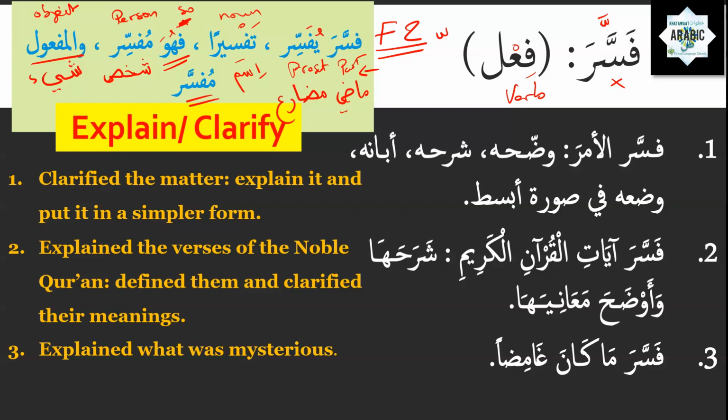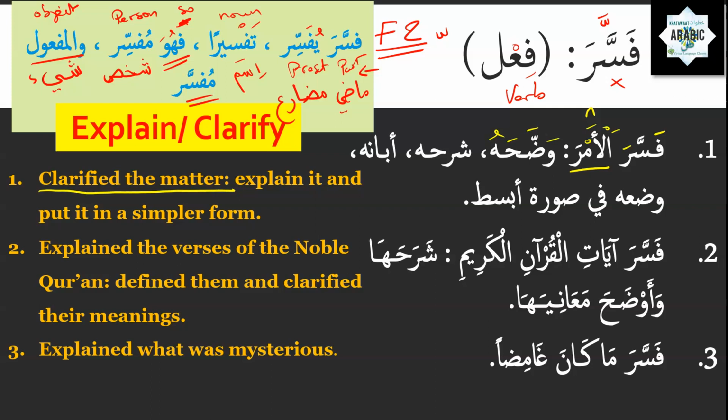The examples we have here come with additional verbs, so please note the synonym verbs to fassara. So we have fassara al-amra, clarified the matter, and we learned al-amr before, and it's a noun, ism. Fassara al-amra, waddahahu, and that one is a verb.